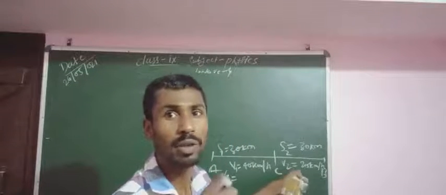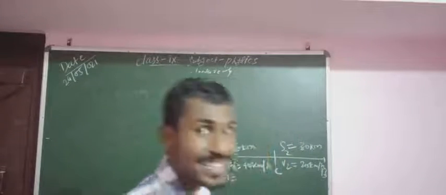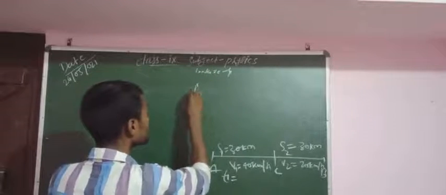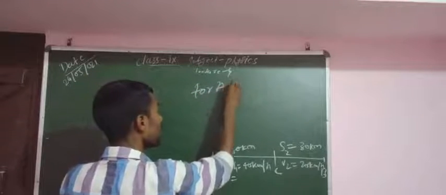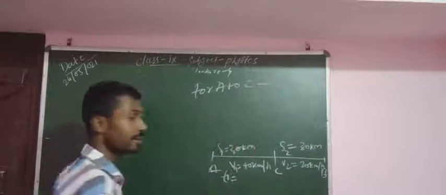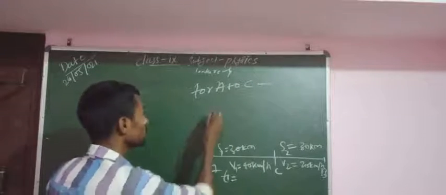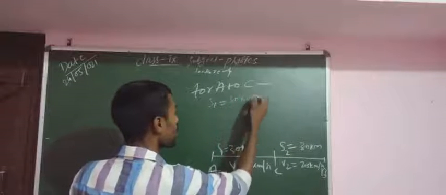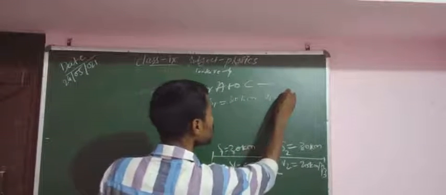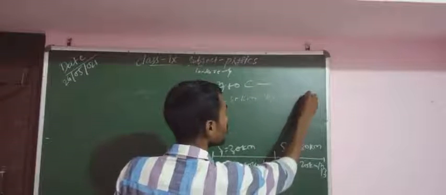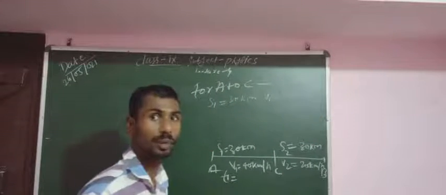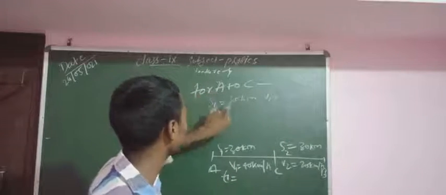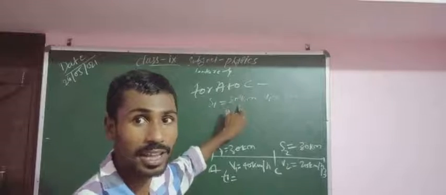So first of all, we find out the time of the car, that means T1 for A to C. For A to C, S1 will be equal to 30 kilometers and V1 will be equal to 40 kilometer per hour. That means the speed of the car is 40 kilometer per hour and the distance traveled by the car is 30 kilometer.